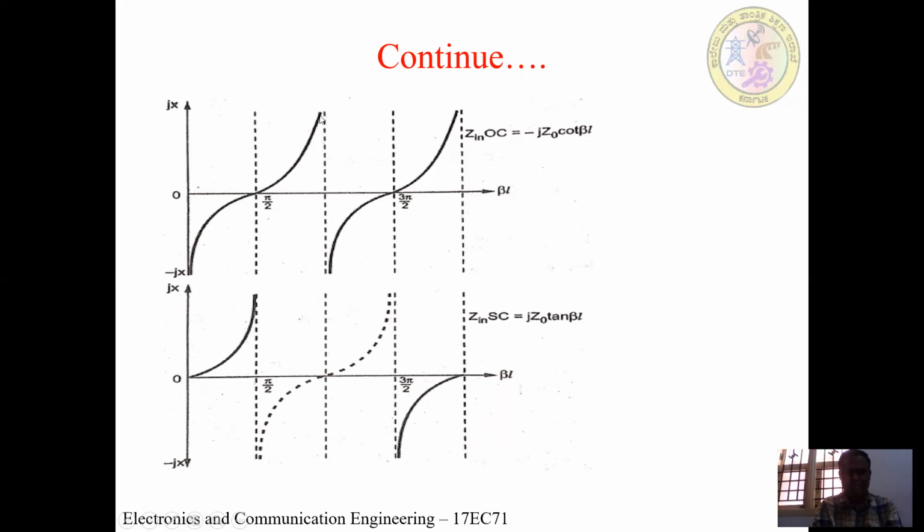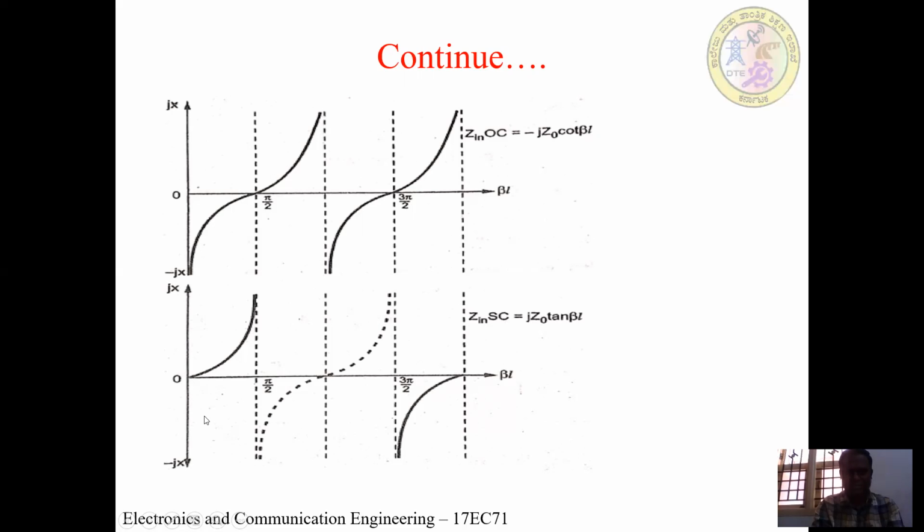From the cot pi by 2 being 0, this is your cot pi as well as cot 0. So it varies from minus infinity to plus infinity, with 0 value at pi by 2. This is the condition of open circuit.